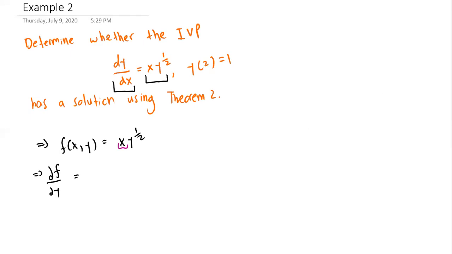As before, you can worry about x until later. So all you need to do is find the derivative of y to the 1/2 with respect to y. I'll use the power rule: bring 1/2 down, subtract 1 from the exponent, multiply x back in. So this is the partial derivative of f with respect to y.